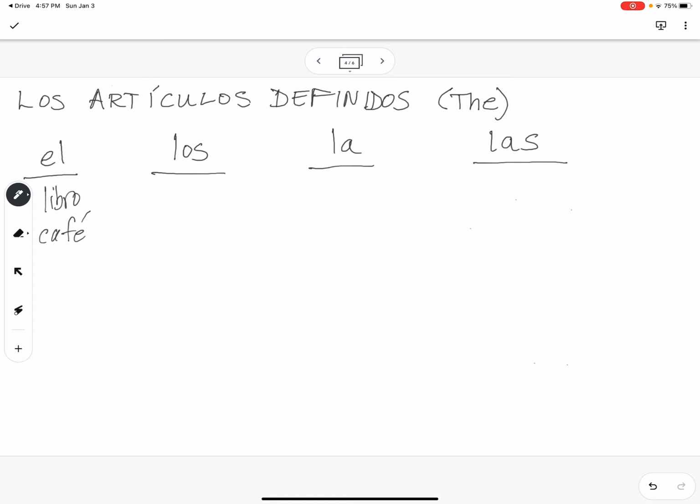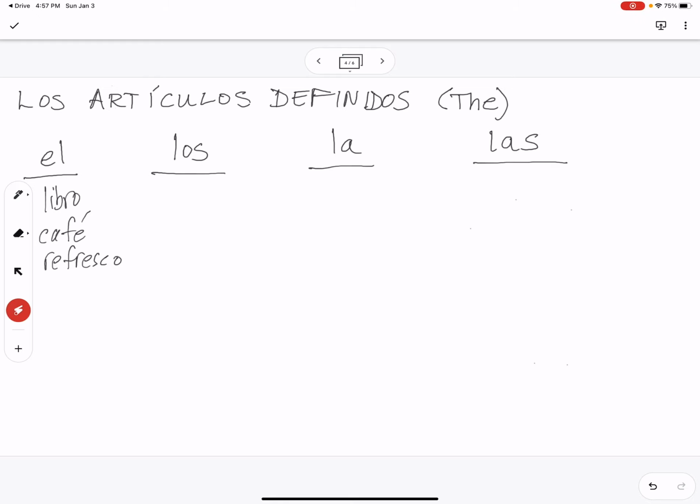Or I could say el refresco. Libro, as I already mentioned, means book. Café can mean a cafe, like Starbucks, a place you would go to get coffee, or it also means coffee itself. And then el refresco is like a soft drink, like a soda.